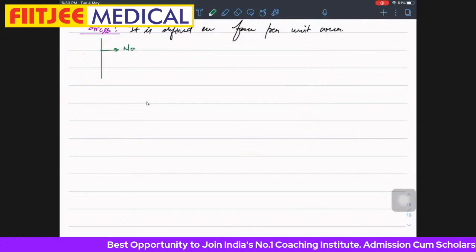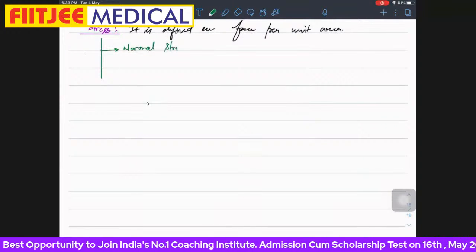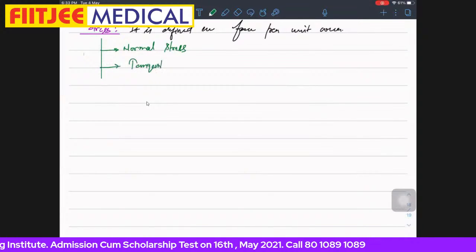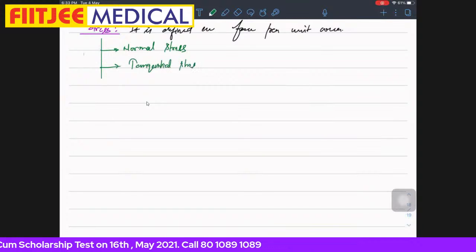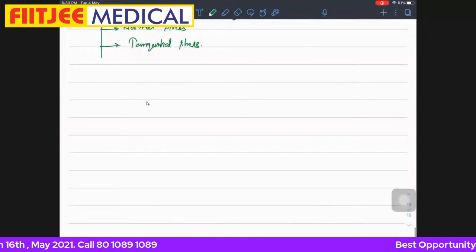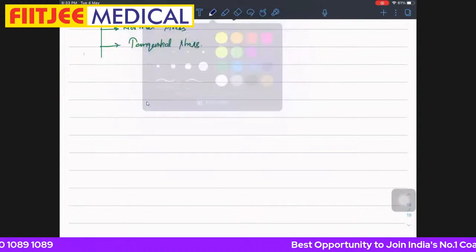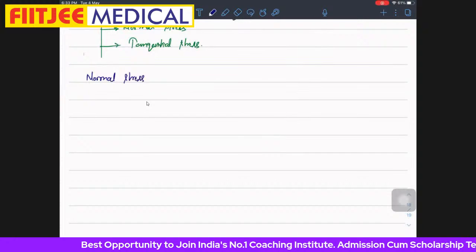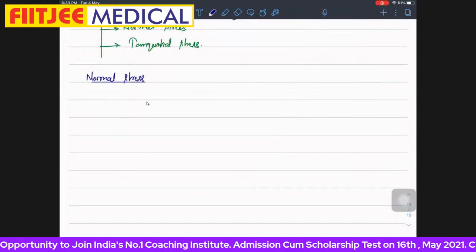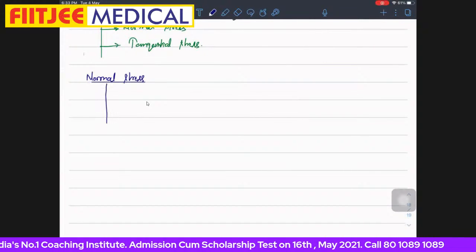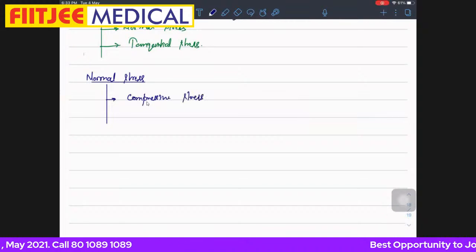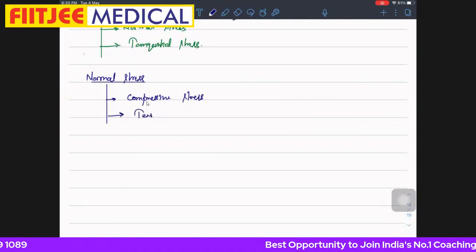One is normal stress, the other one is tangential stress. Normal stress is where force is acting perpendicular to the area. Normal stress is also of two types. One is compressive stress, the other one is tensile stress.